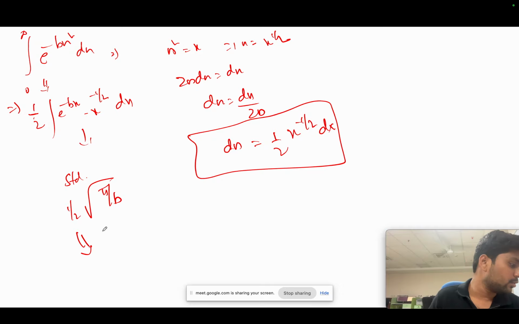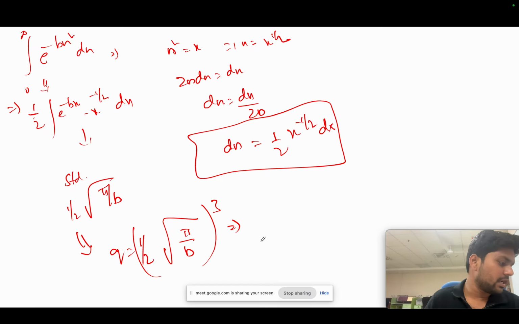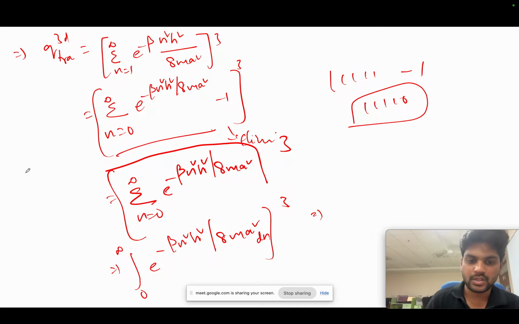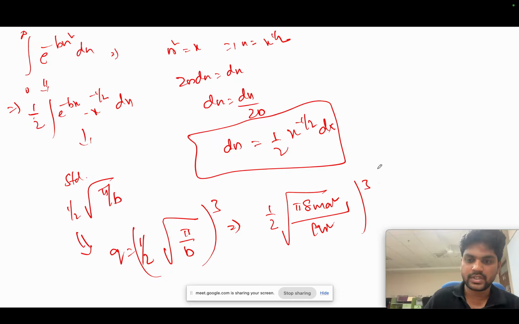I am explaining this equation very fast, so where we are going, I will let you know. This is nothing but pi, and b is nothing but, here we have the b, so we need to keep it here. So it will be 8 m a square divided by beta h square, to the power 3.